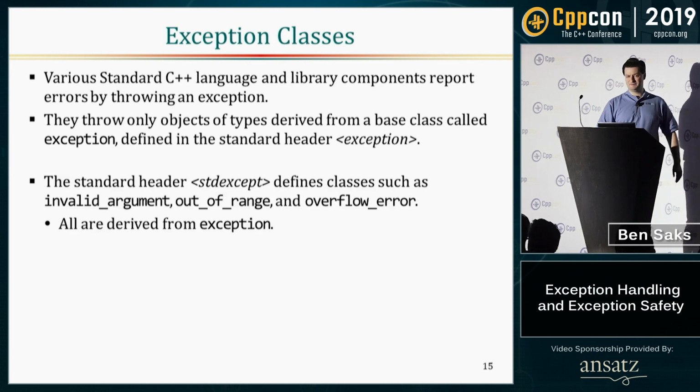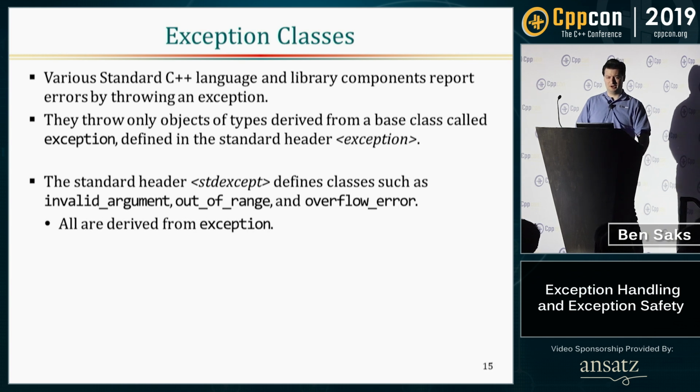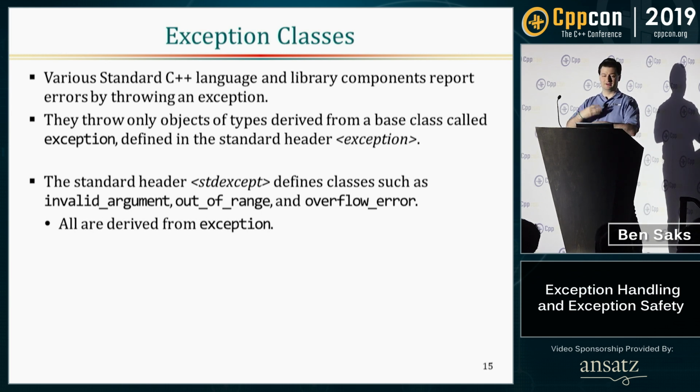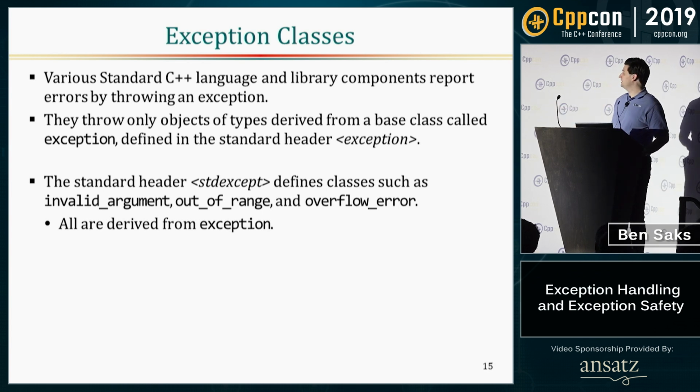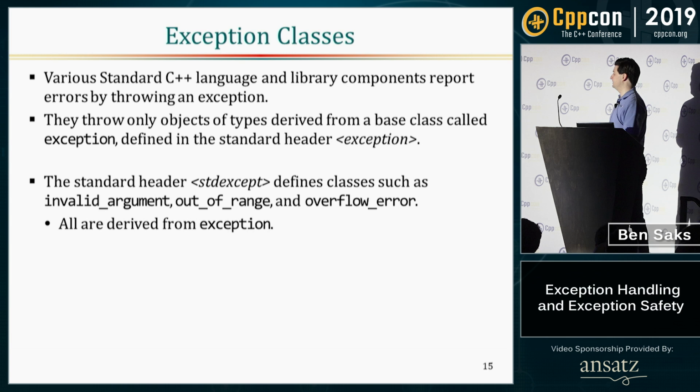The others are actually defined in a separate header called stdexcept. Now, often you don't need to include this one directly because if you're including a standard library component that throws these things, it's going to include that for you. But if you want to build on the existing exception hierarchy that the standard provides you, this is where you would find those classes.